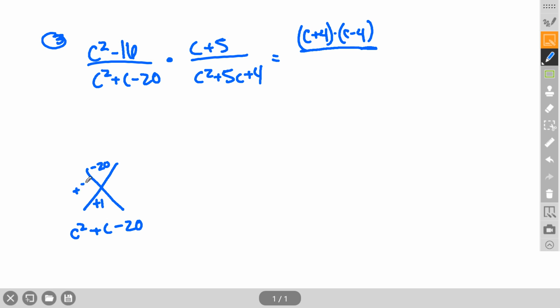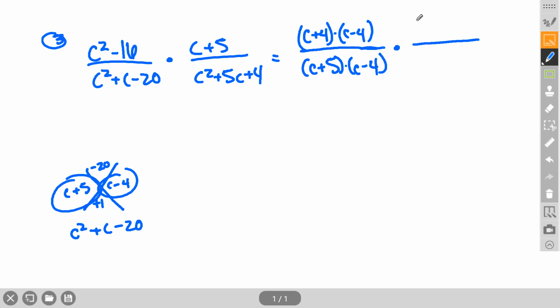That would be positive 5 and negative 4. 5 times negative 4 is negative 20. 5 plus negative 4 is positive 1. If I put a c in front of each of these, those would be my factors. So that factors into c plus 5 times c minus 4.